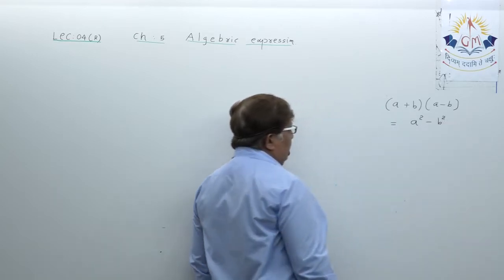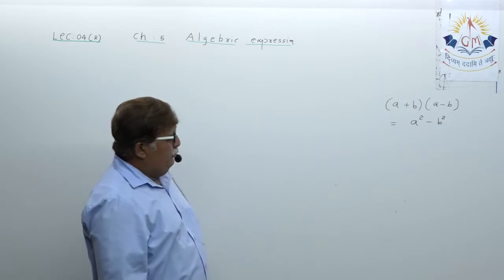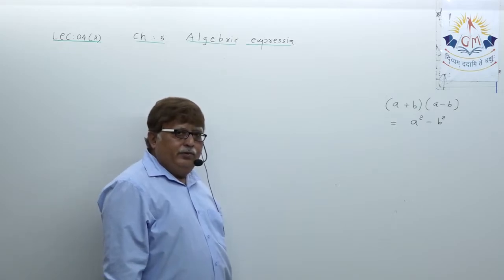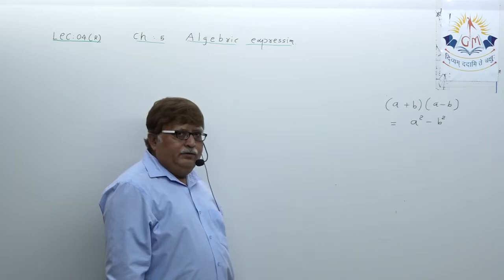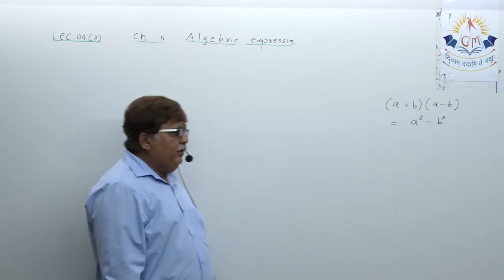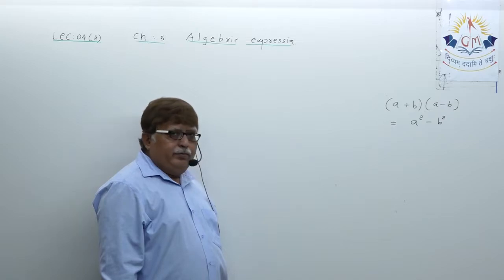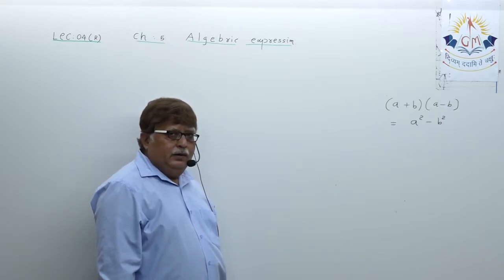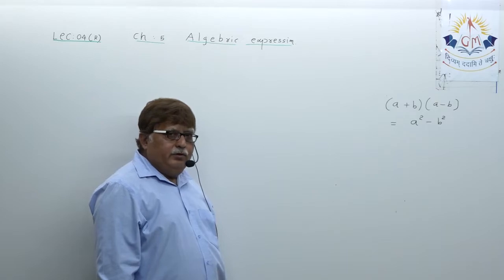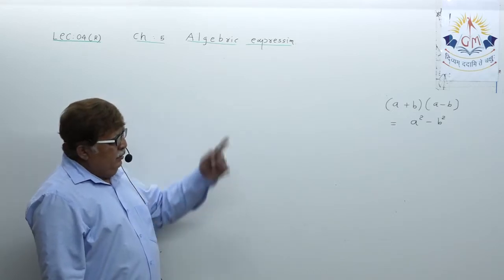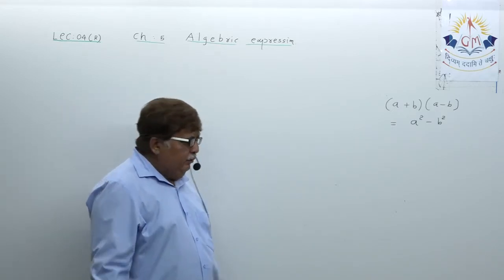As far as our revision lectures are concerned, I am ignoring the application of this identity because I don't think you have any problem with it. But my target today is the reverse application of this identity and solving some difficult examples.